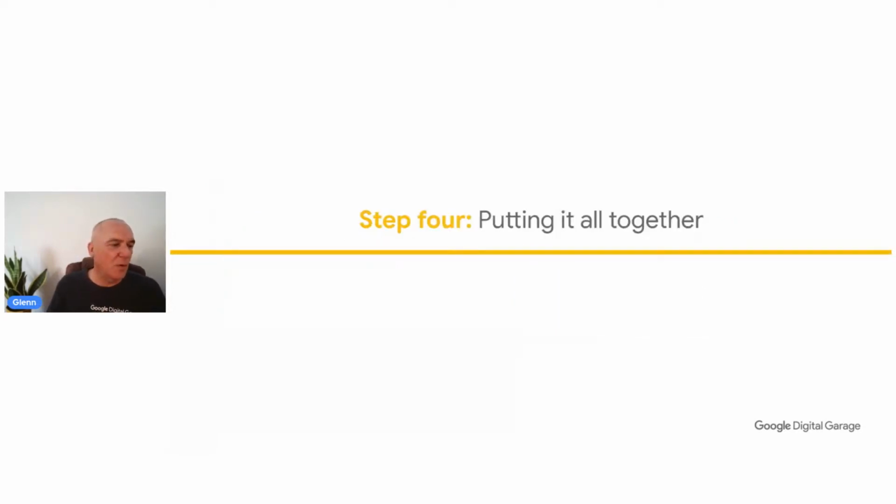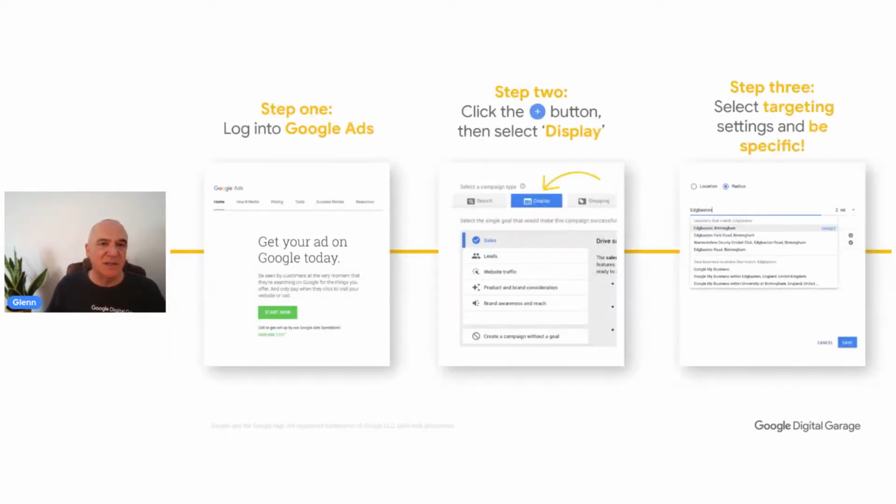So when we put all of that together, let's reflect. We have actually built a picture of our customers, that persona, where they are hanging out online so that we can place our ads in the appropriate places. Then we are going to put together a good mouth-watering, in this case, advert for them. So we go into Google Ads.